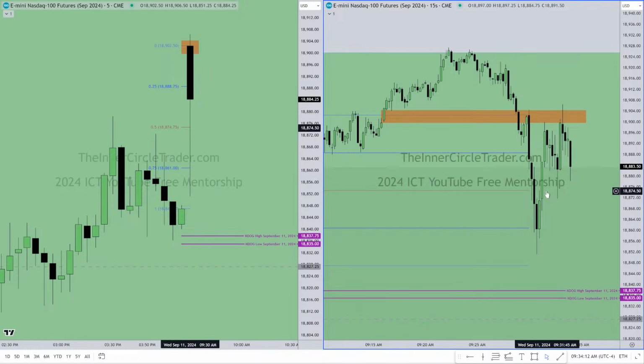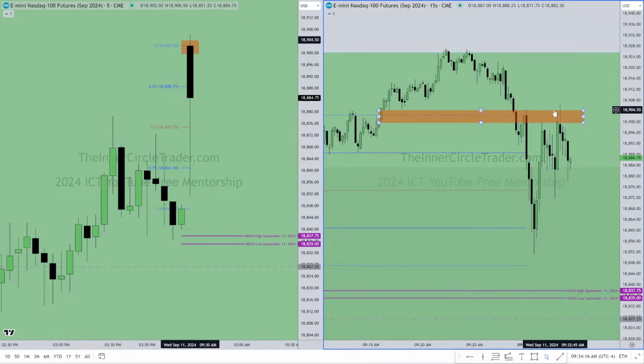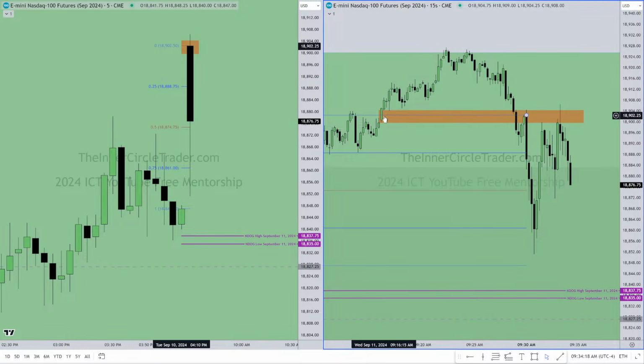Okay, so we had the gap down here used, ran back up into inversion fair value gap. Wick through it, the bodies are staying below it.